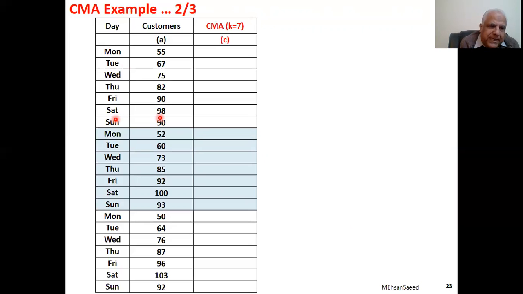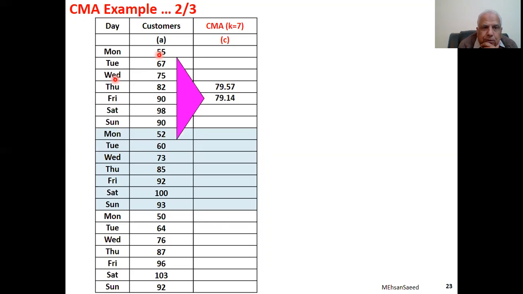So starting from Monday, 1, 2, 3, 4, 5, 6, 7. Thursday is the statistical middle. So the mean of this 7-day data is placed in front of Thursday. Then the data for Monday will be picked up and the previous Monday will be discarded.